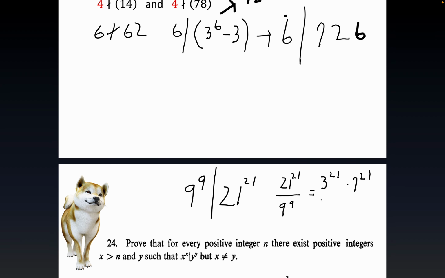And right here, folks, 9 is 3 squared, so this would be 3 to the 18th, right? And so this definitely is an integer, right? Because of just the laws of exponents, you'd end up with 3 cubed times 7 to the 21st power. So it's clear that 9 to the 9th divides 21 to the 21st, kind of optically appealing here.